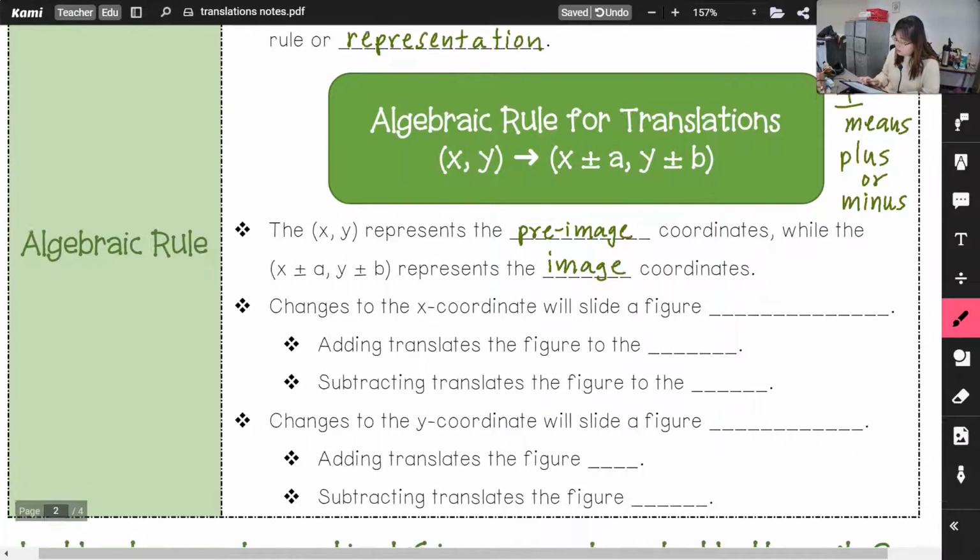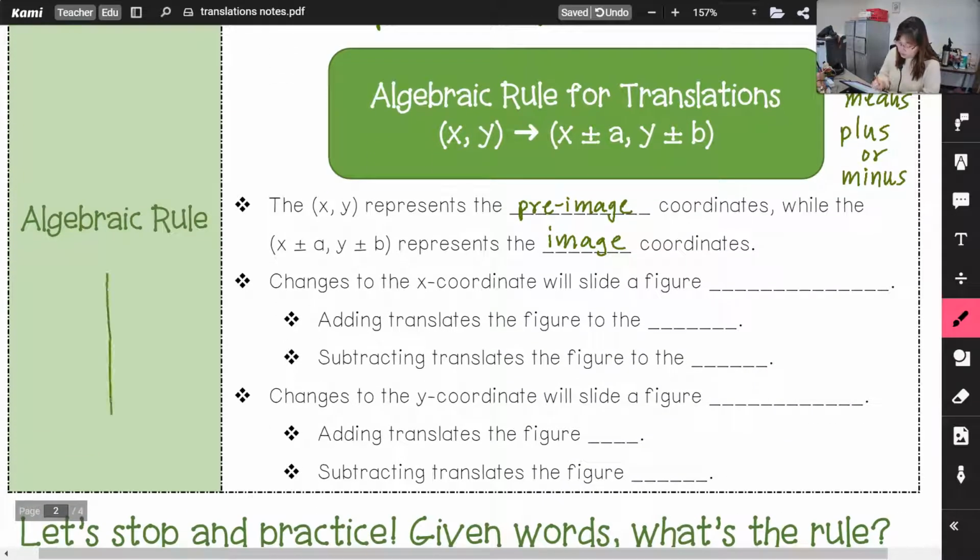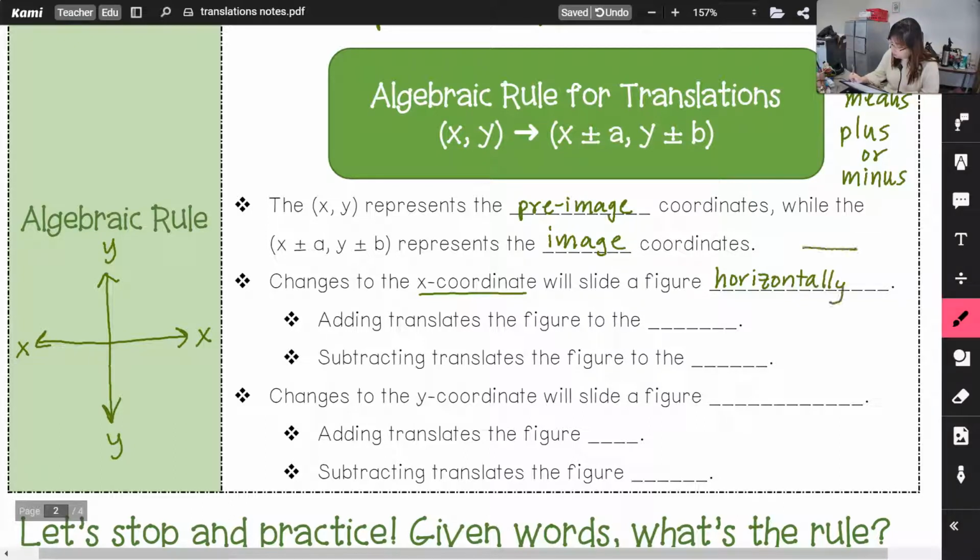Okay, now let's think about the x and y axis. I'm going to draw this over here in the corner. Our x-axis is the one that goes from side to side. Our y-axis is the one that goes up and down. So based on that, you can probably guess that changes to the x-coordinate will slide a figure horizontally. It will slide the figure side to side, left to right or right to left, right?